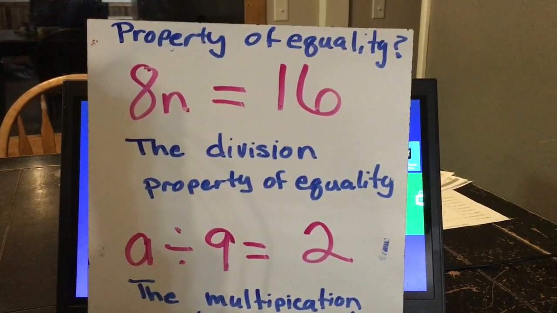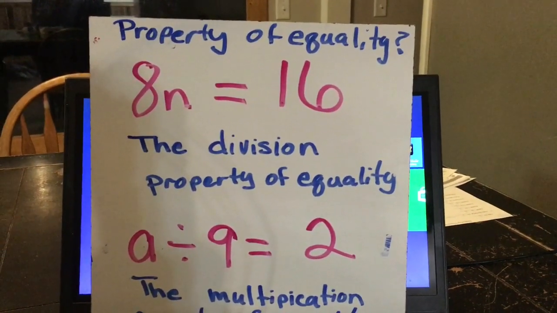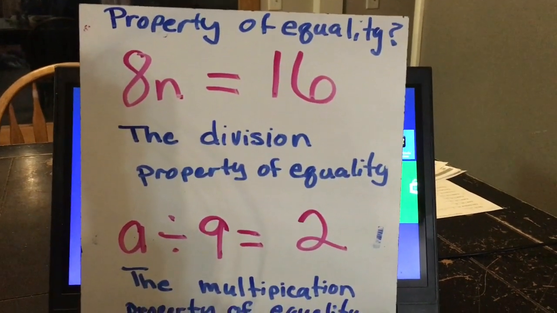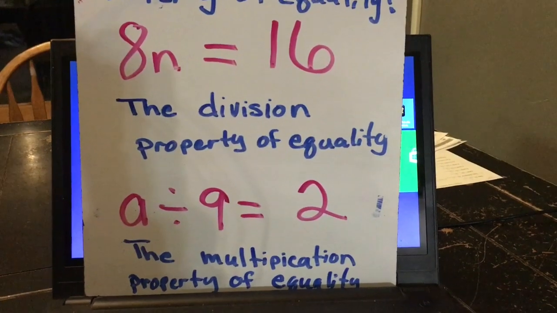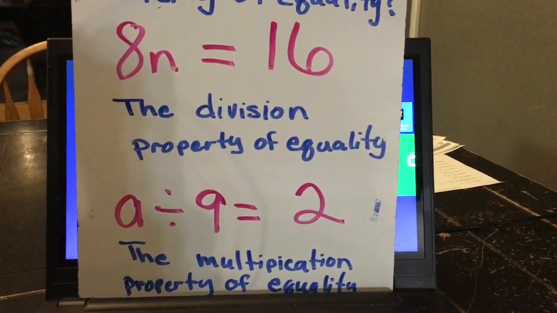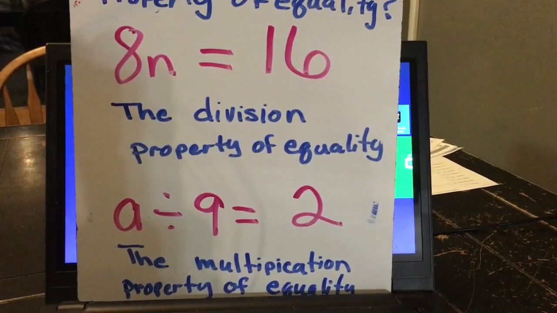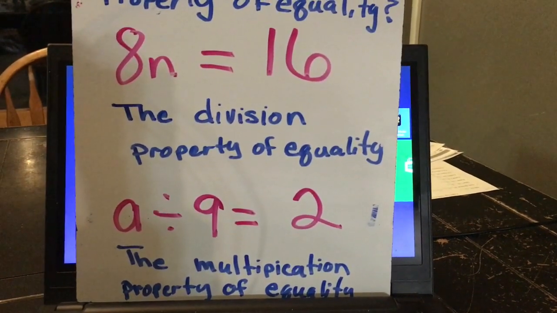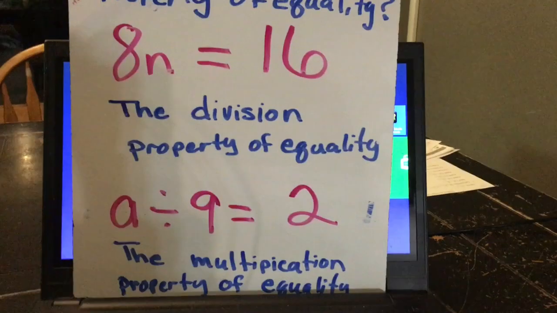So we would use the division property of equality. For the equation 8 divided by n, we know the inverse of division is multiplication. So we would use the multiplication property of equality and multiply by 9 on both sides. Great job, guys.